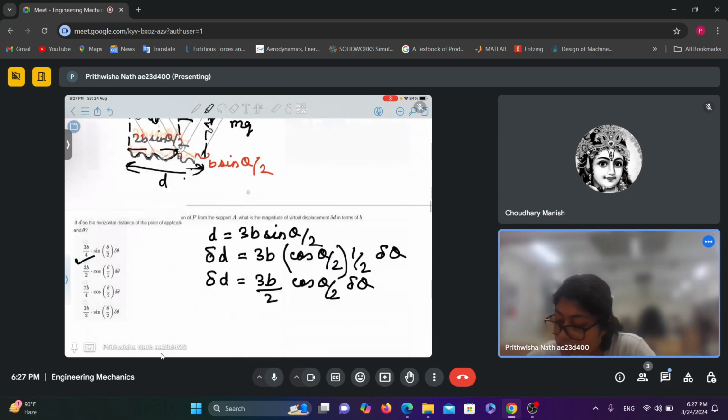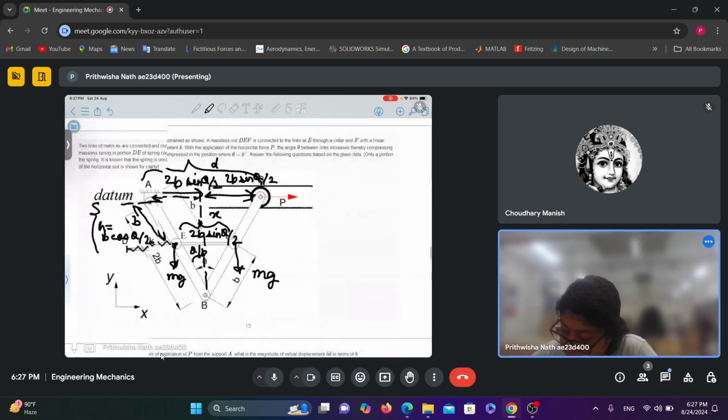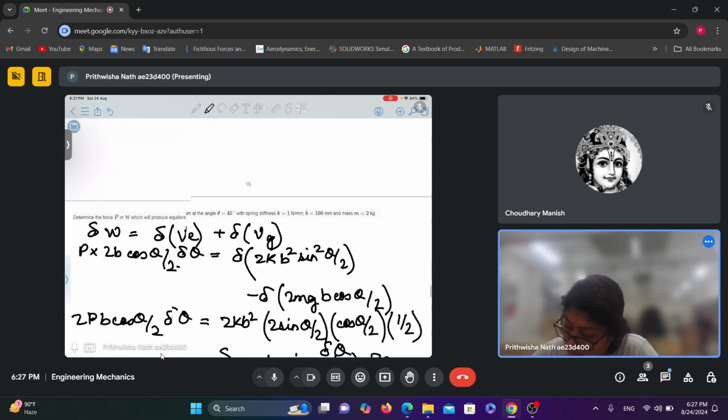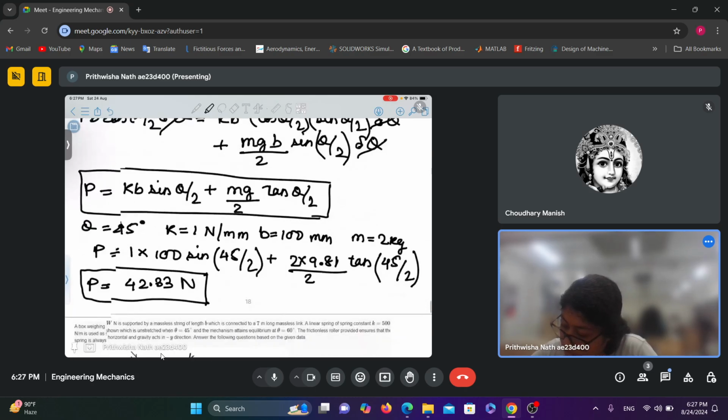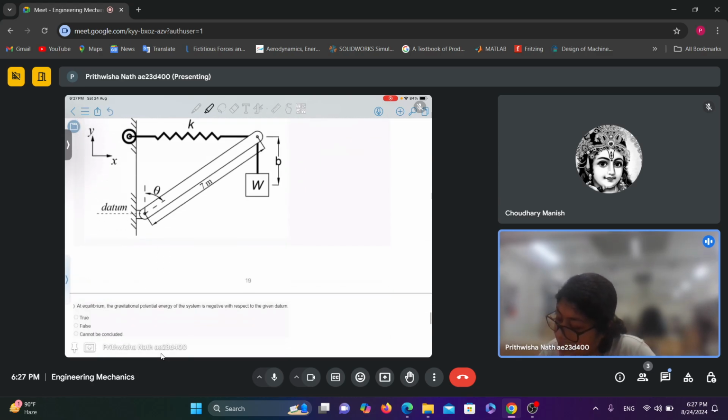So the next problem. At equilibrium, the gravitational potential energy of the system is negative with respect to the datum.